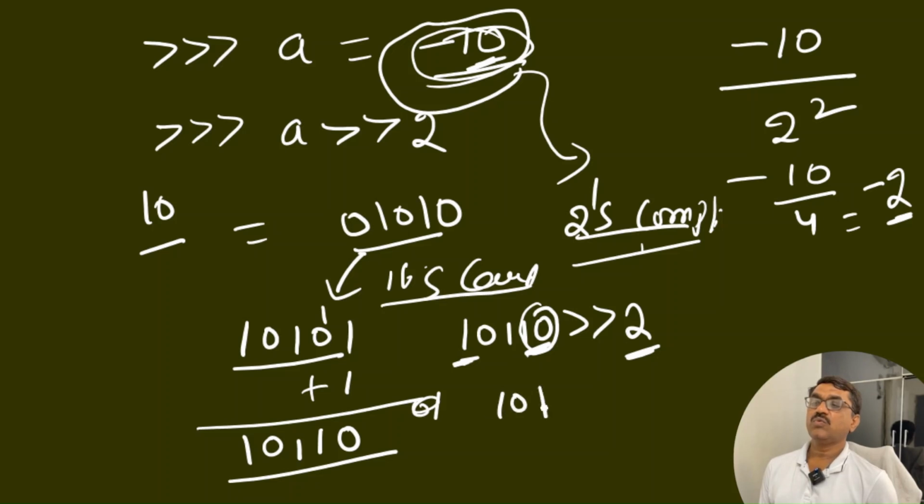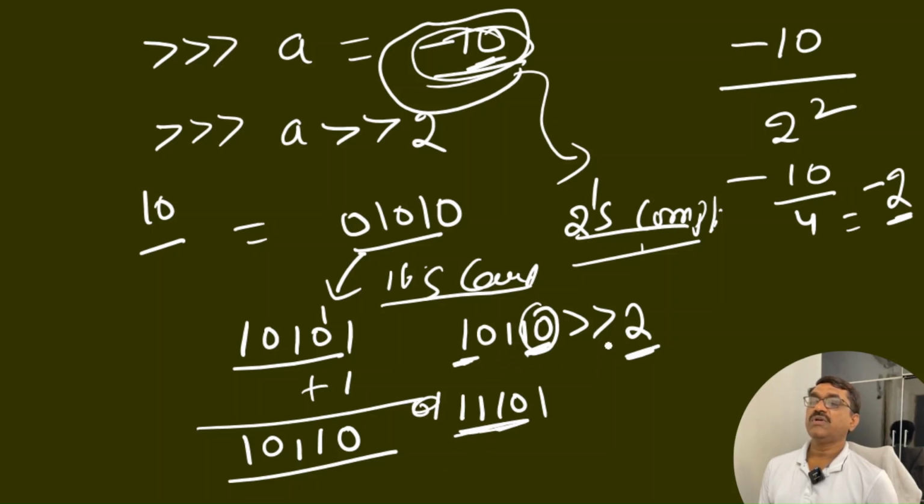That means 101 remains and the left side 2 bits are vacant. Now here, instead of adding 00 to the left, since the leftmost bit is 1, which indicates the negative sign, the remaining 2 bits are also filled with the sign bit 1.